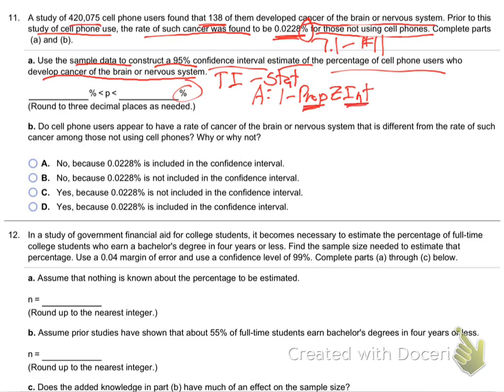So 1 proportion Z interval, hit enter on that, and then you'll get the questions they're going to ask you.